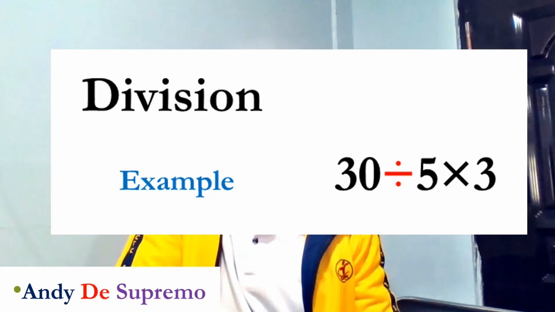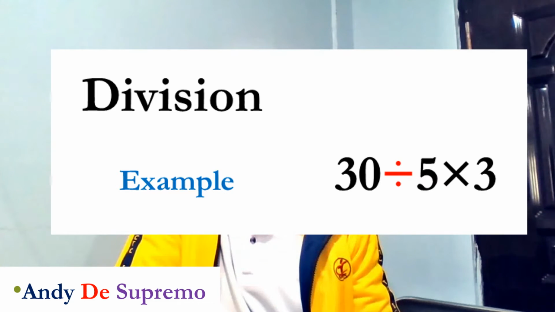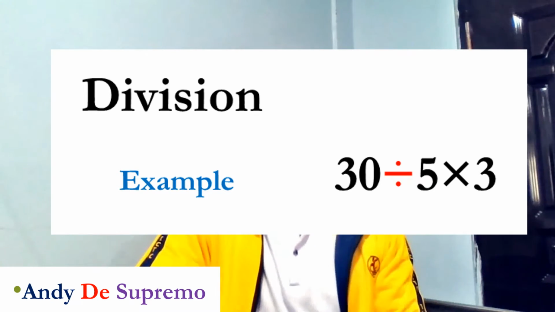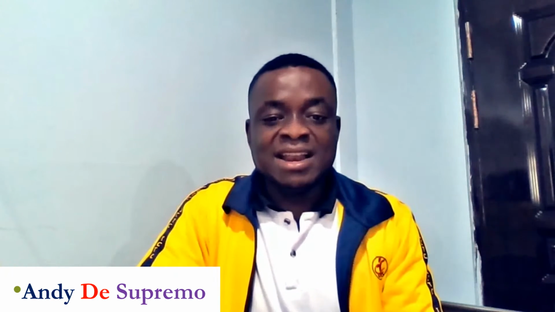Now, let's move on to the D. The D is division. We have one example here, which is 30 divided by 5 times 3. This is the trick I was talking about. PEMDAS is telling you deal with multiplication first in that order.